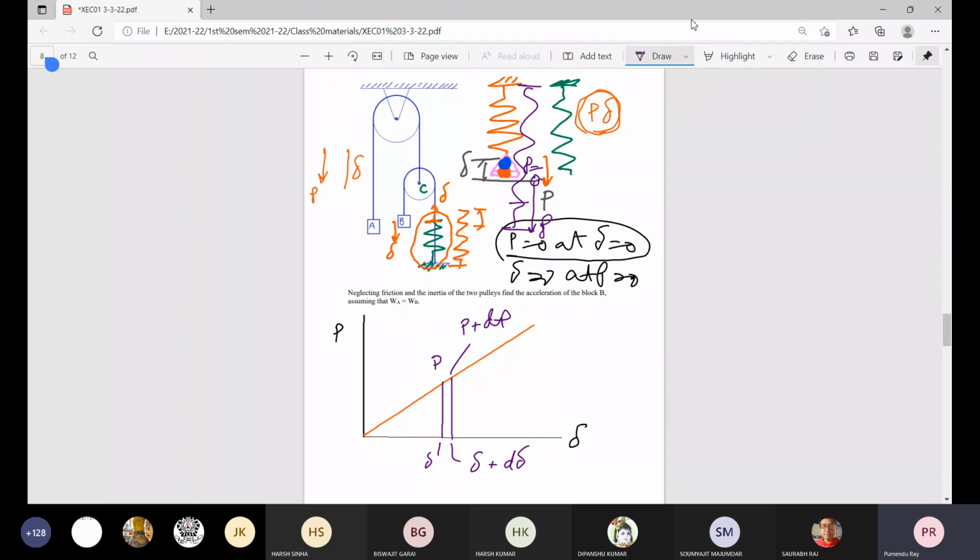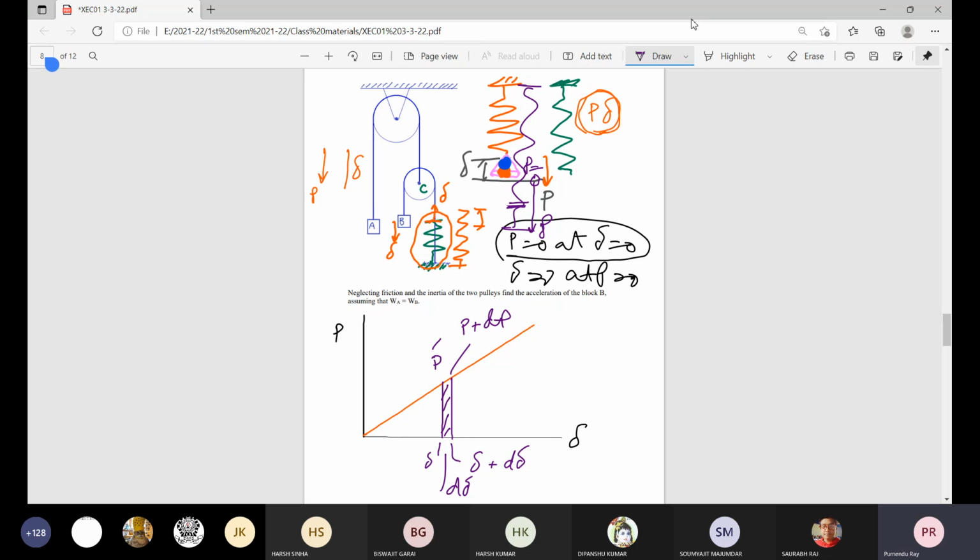Okay. Now, this area is very important. This area is the instantaneous work done by that force P, any variable arbitrary intermediate value P, for a very small displacement d delta.